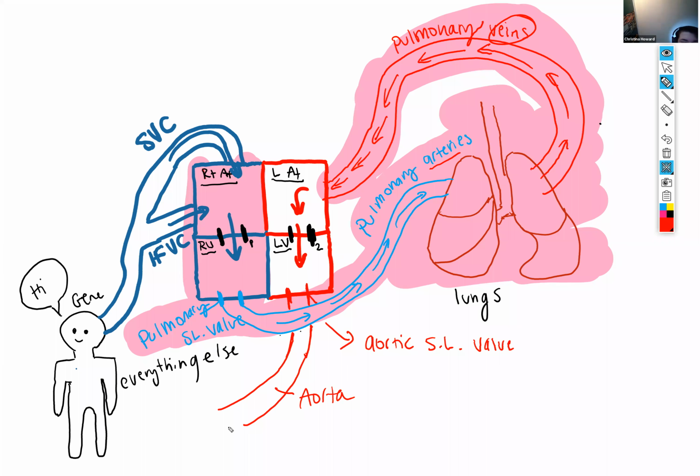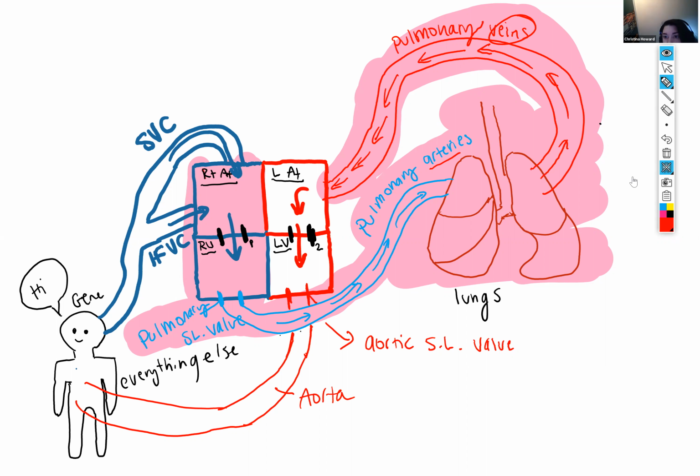So the aorta is going to carry oxygen-rich blood, and then it's going to branch, and it's going to supply all of Gene's organs and tissues with oxygen-rich blood. And then from those capillary beds, venous blood is going to return to the right side of the heart.